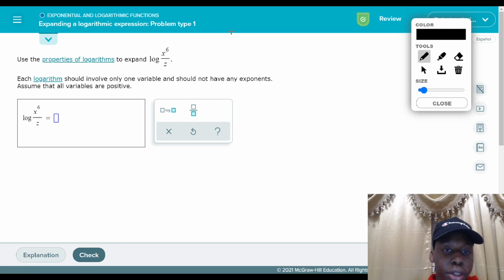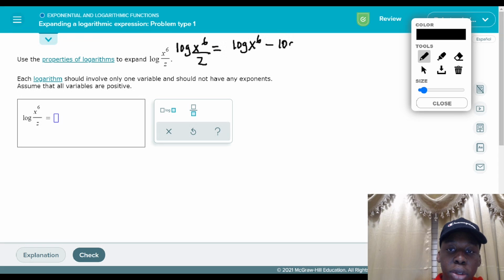Whenever we have a division, this is log x to the power 6 over z, which equals log x to the power 6 minus log z, because there's a division attached to both of them. Whenever you're dividing, you have to subtract the logarithms.